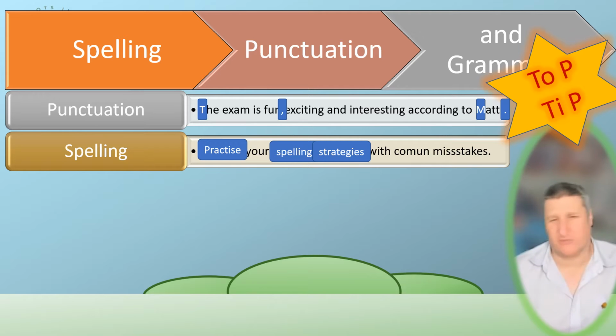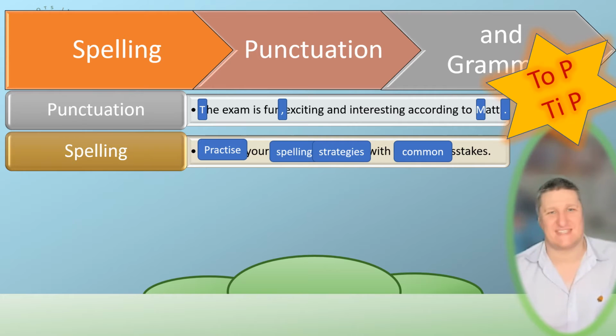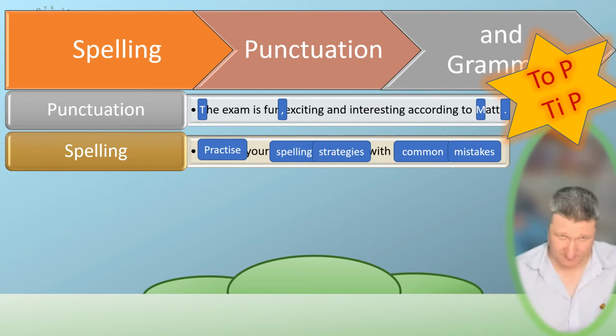Common mistakes, double M and ON, not UN, obviously. Common. Mistakes, and this is a silly one, a triple letter. I don't think there are any triple letters in the English language. If I'm wrong about that, I apologize. So mistakes is spelled like that.